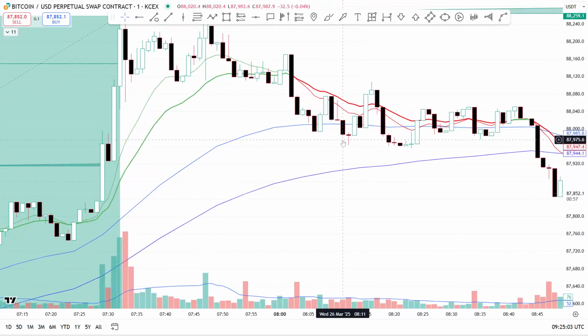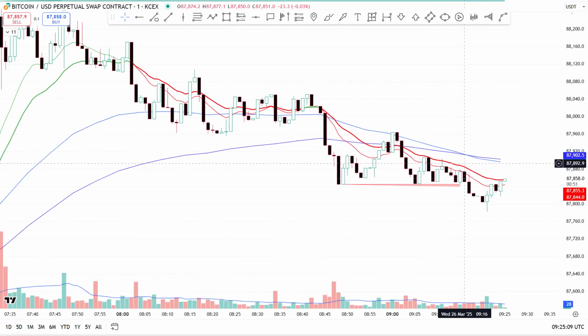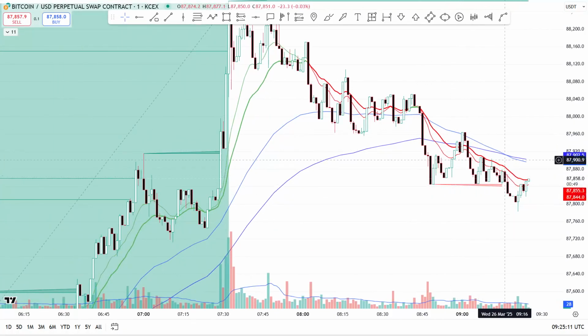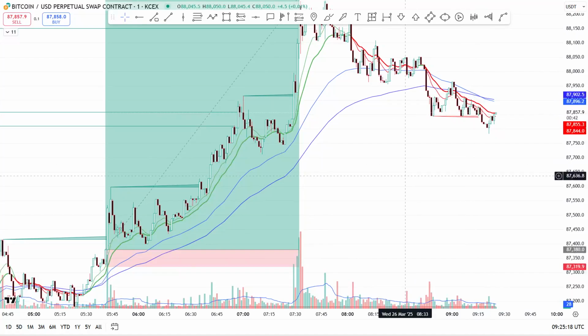So you have a market structure break, market structure break, market structure break, and they pull into that, and then you can long the break of structure. Like let's say if this has a market structure break and this then has a break of structure, you can long it and you can catch this trend.